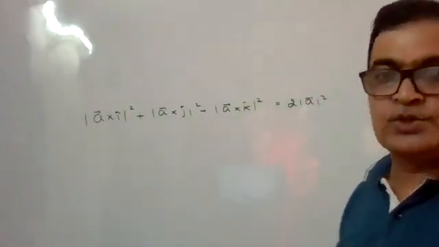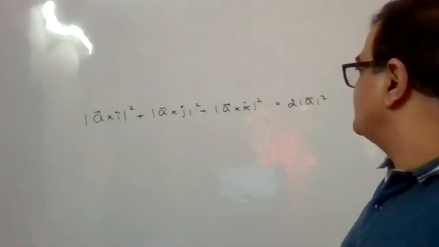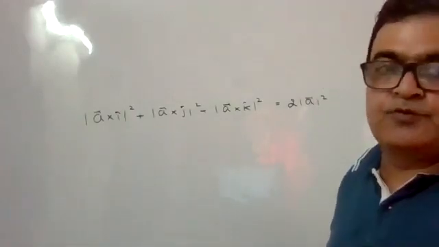A cross I whole square plus A cross J whole square plus A cross K whole square is twice of A square. We have to prove this question.